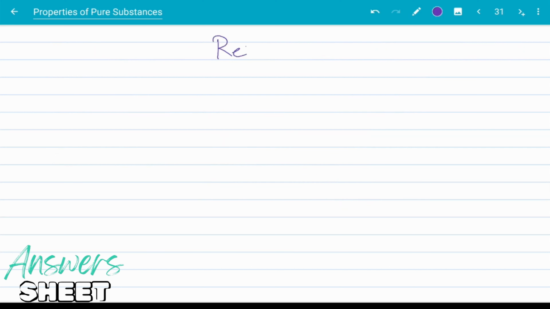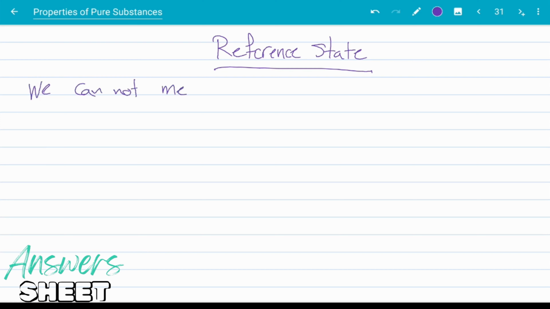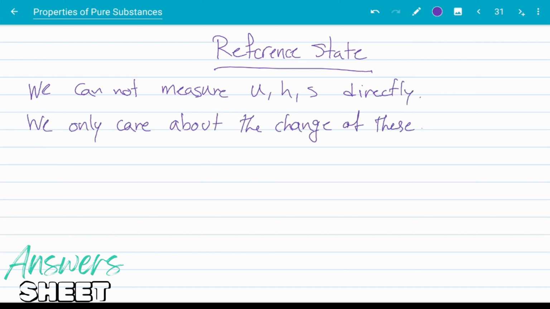Now let's talk about the reference points or reference states. As we discussed, many of these properties, especially the internal energy, enthalpy, and entropy, cannot be measured directly. On the other hand, we are only interested in the change of the values of these properties. We have relations and equations that show the change in these properties.